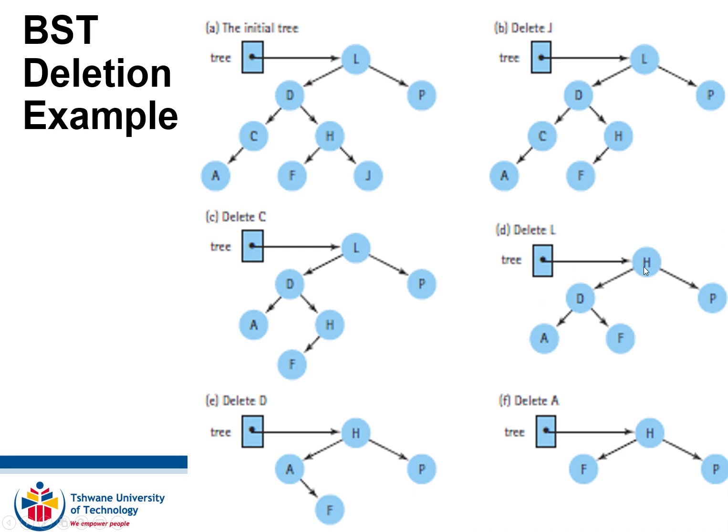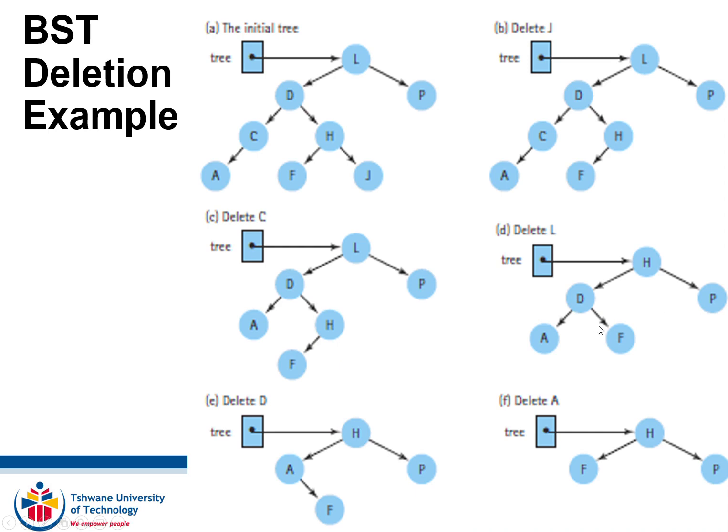But with H going up, because H itself moving up is almost like a deletion, where does F then go? It takes the position of H. Why? Because it is the highest child of the left subtree of H, and therefore it moves right there. Okay, which is the tree that you see there.